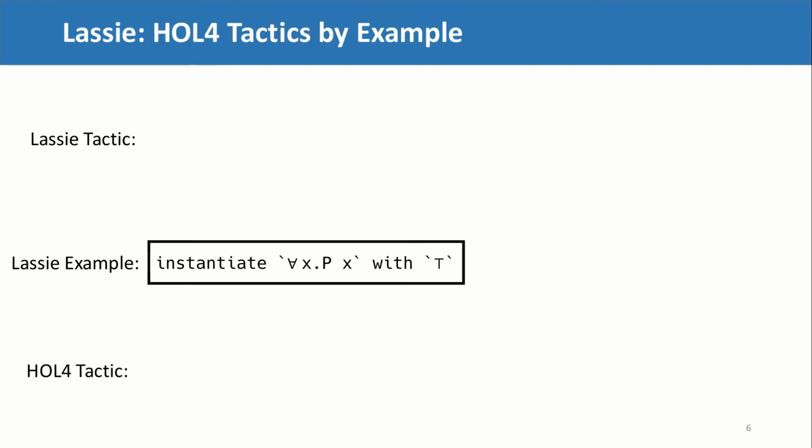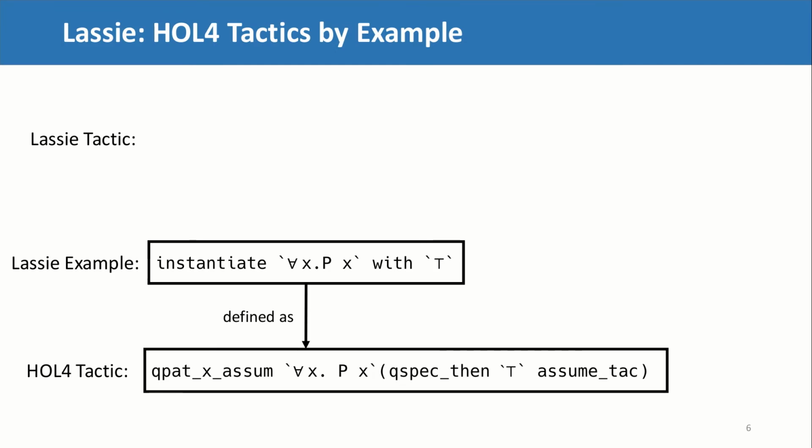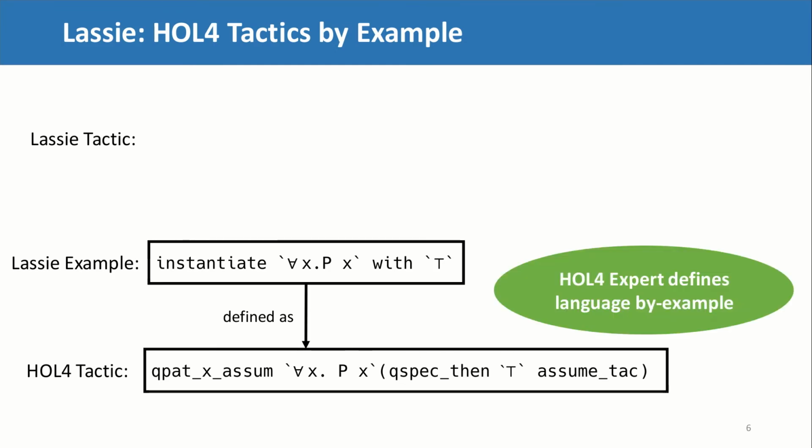So as an example, suppose we want to define this tactic in Lassie where we say instantiate for all x, p of x with true. An expert user can now define this as the HOL4 equivalent by example, giving this tactic as a single instance of a general one we would like to use.